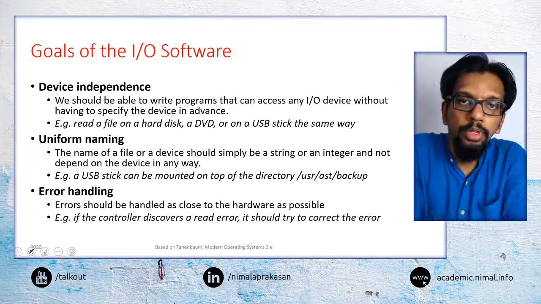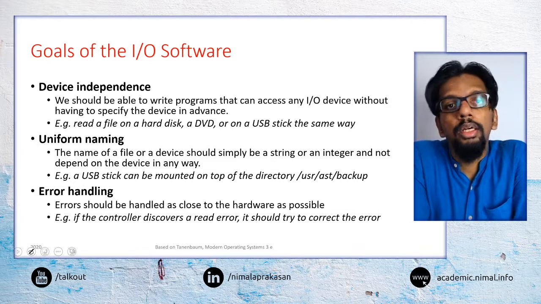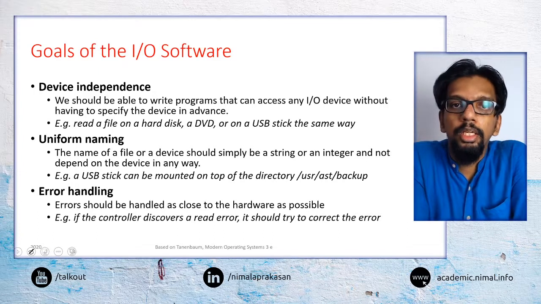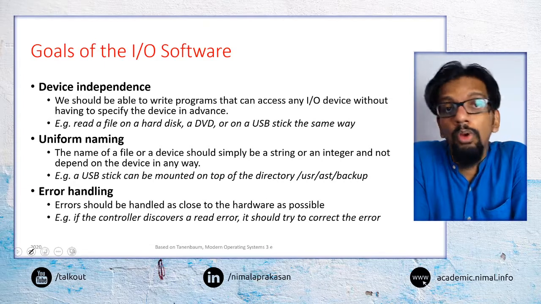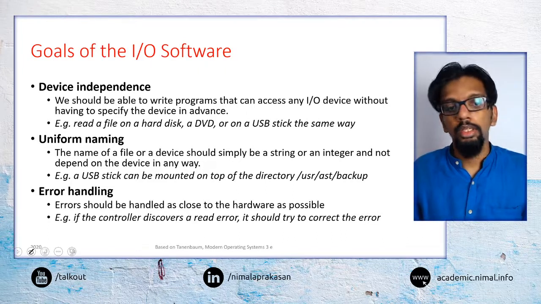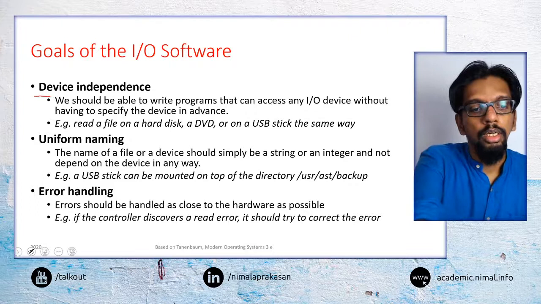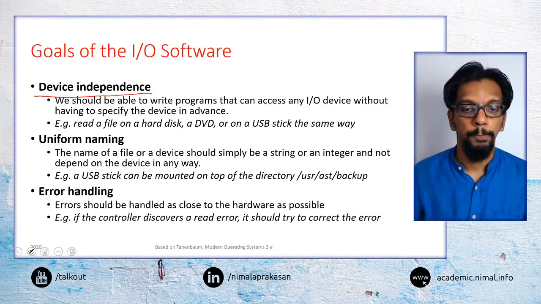For example, if we consider writing a file, we would expect writing a file from an operating system to be the same experience when we write to a hard disk, a solid state drive, or an external drive. So all these different categories of devices could still be accessed through a device independent interface. That is something that we would prefer.